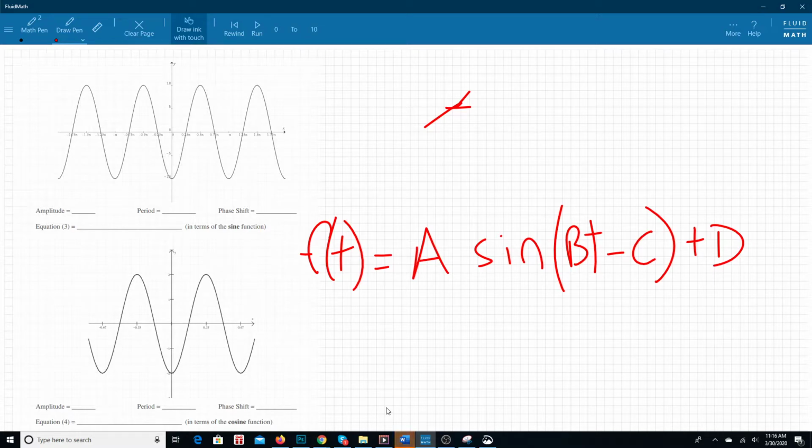Andrew, any thoughts? So the amplitude is going to be 10, because from here to here, that's 10.